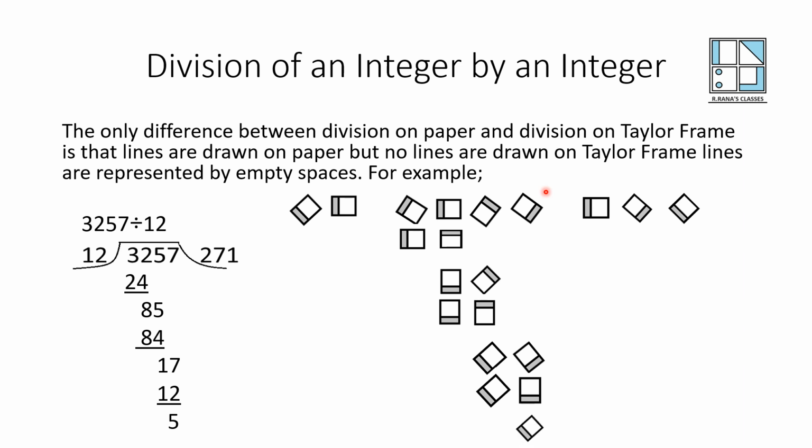It means quotient is 271, remainder is 5, and note the difference.